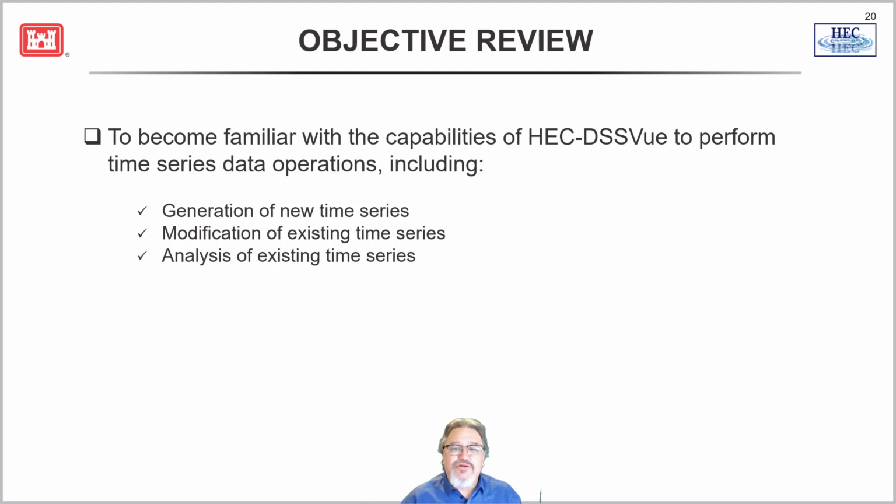I don't recommend doing that. I like to keep all the raw data, but you can smooth the time series and save it back to where it came from if you don't want a proliferation of path names in your DSS file. So you can do the generation, you can do the modification of existing. We also saw most dramatically just in the statistics tab how you can do analyses of existing time series.